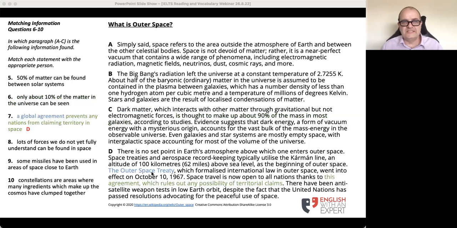So the answer is D, Outer Space Treaty connects with global agreements, prevents any nations from claiming territory in space, connects with, rules out any possibility of territorial claims.